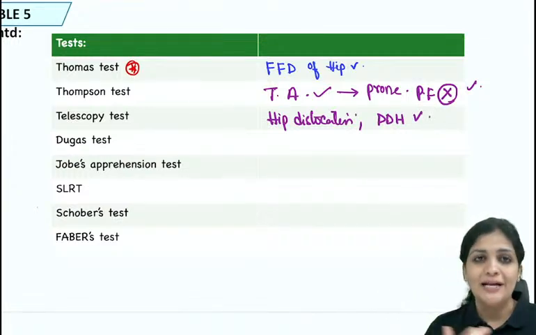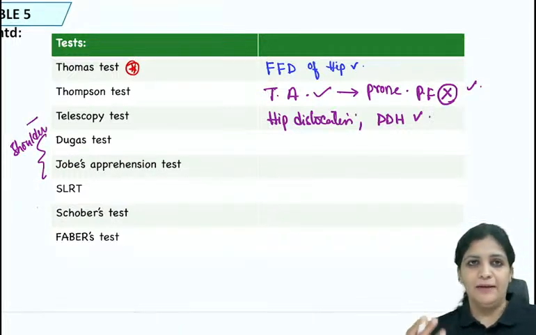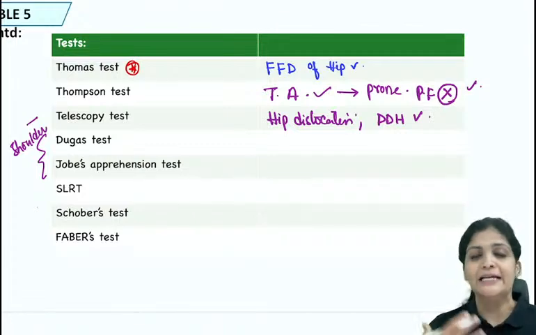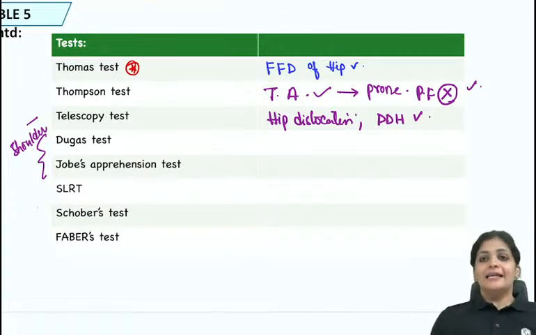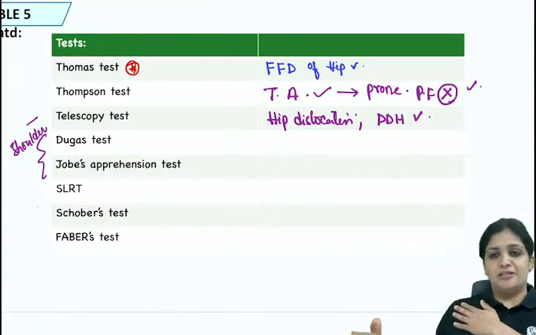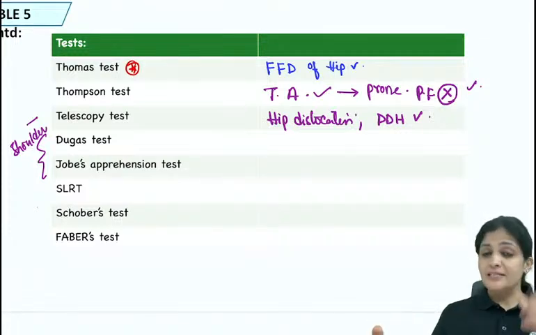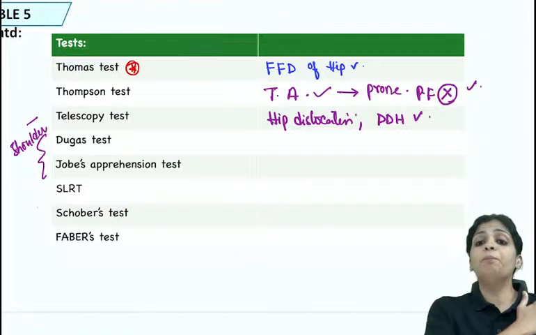And what is Dugas test? So this is again going back to your shoulder instability. So in case of shoulder instability, whenever a patient comes with an anterior dislocation of the shoulder, what is the first test you do to rule out the anterior dislocation? It is not the X-ray. Clinically, what you ask the patient is, if there is a right side anterior dislocation of the shoulder, ask the patient to touch the opposite shoulder.